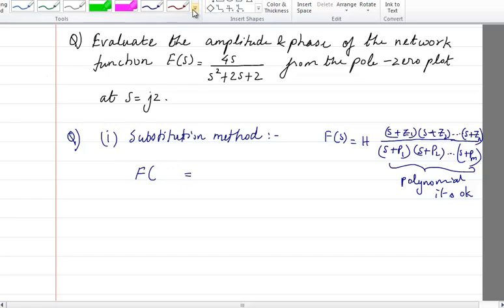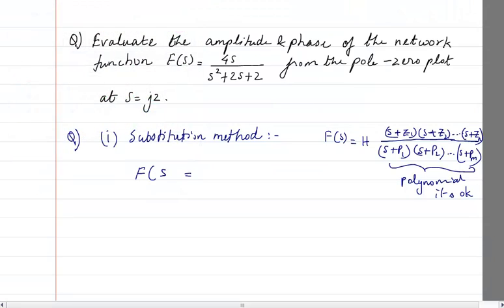Here I will get F(s) is equal to 4 times s divided by s square plus 2s plus 2. Now all I have done is I have kept the coefficient of the highest power of the numerator as 1. Similarly, in the denominator also I can do that, but here there is no requirement.